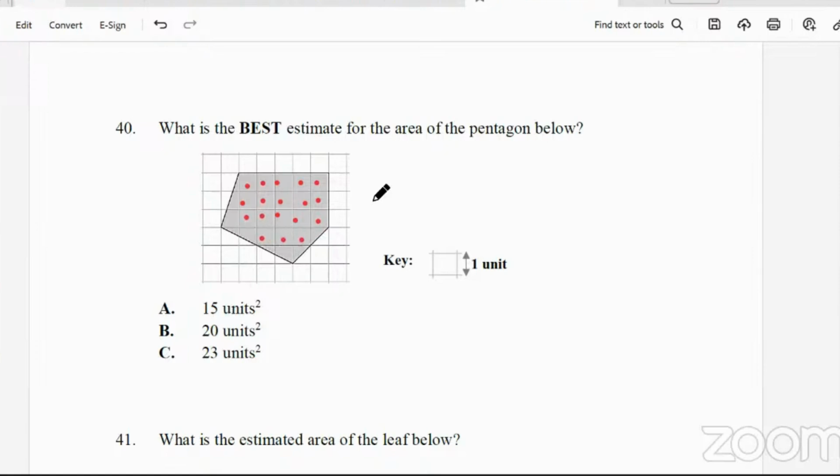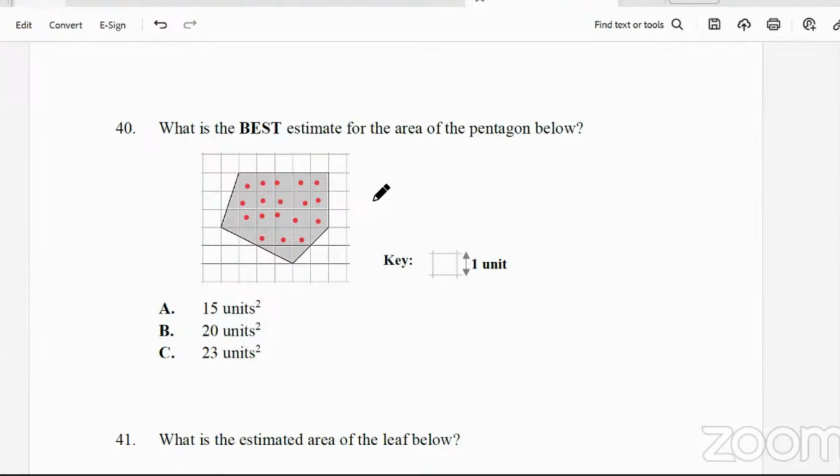So we have 18 perfect squares. So we already have 18. Now the others, we still have to account for them because they're part of the area. So we're going to estimate or group them to see how much more we would have. So far we have 18.